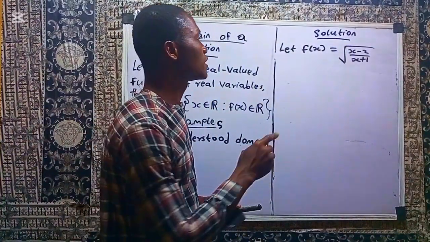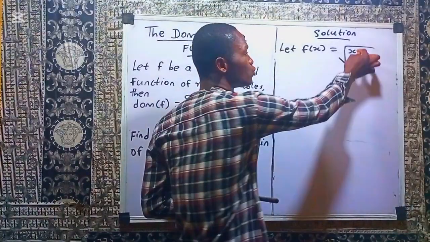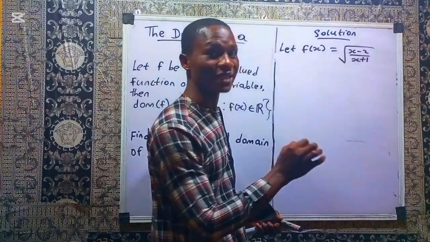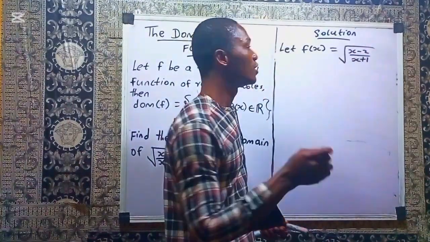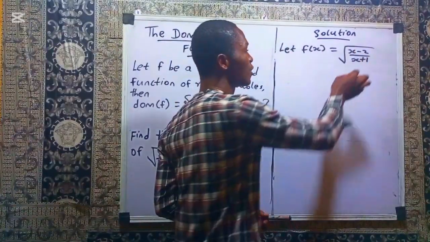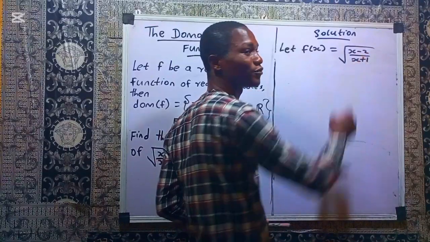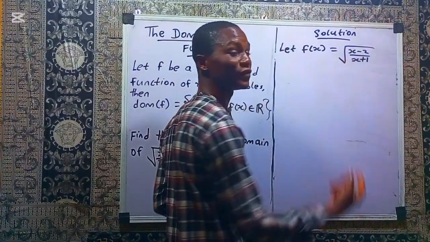So for the domain of this function, this quantity should not be negative, and the denominator should not be 0. It shouldn't be negative because of square root, and the denominator should not be 0 because of this rational function, because if the denominator becomes 0, you get infinity.